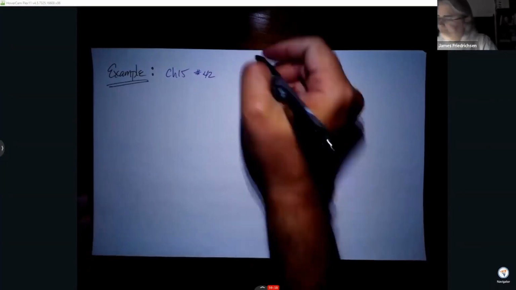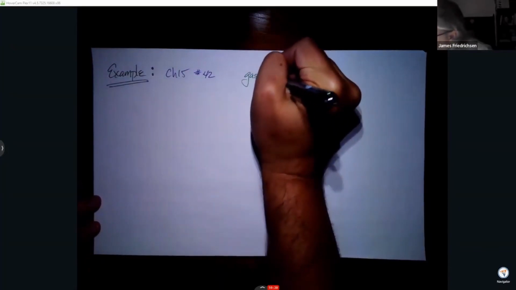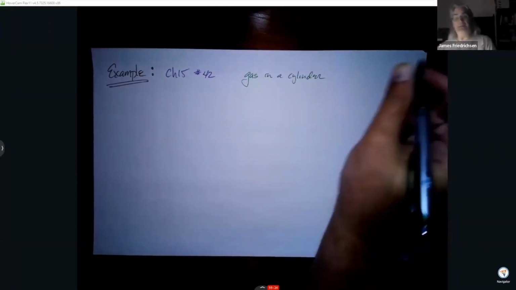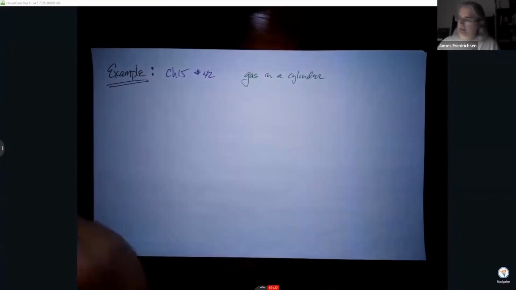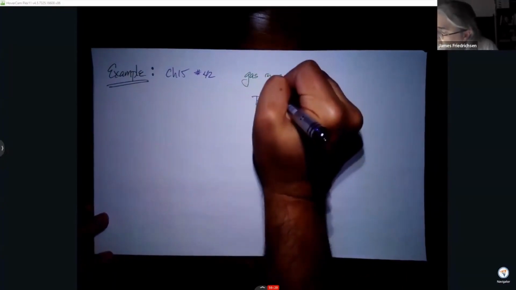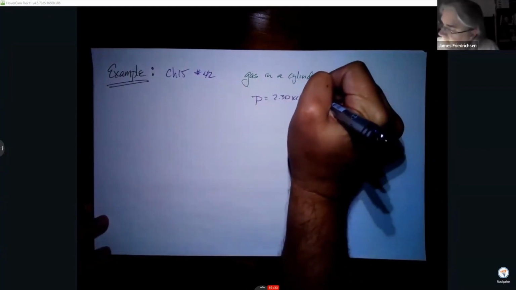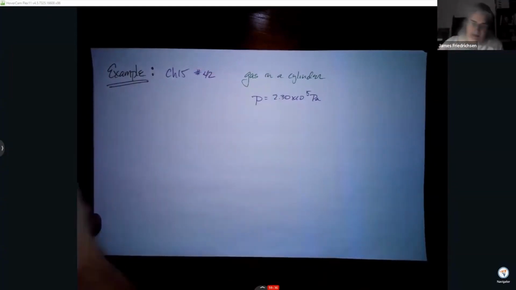It reads that we have a gas in a cylinder held at a constant pressure of 2.30 times 10 to the 5th pascals. So we have gas in a cylinder, and they tell us our pressure is 2.30 times 10 to the 5th pascals.